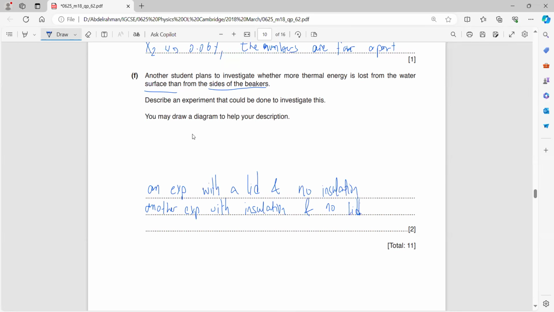And that's it. So you will test whether the surface will lose more energy or whether the sides of the beaker will lose more energy. That's it.